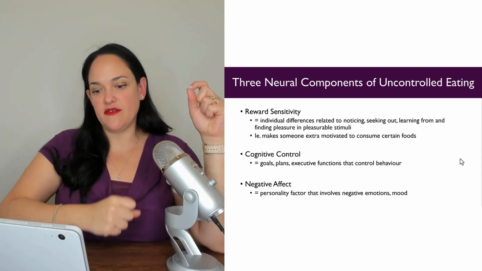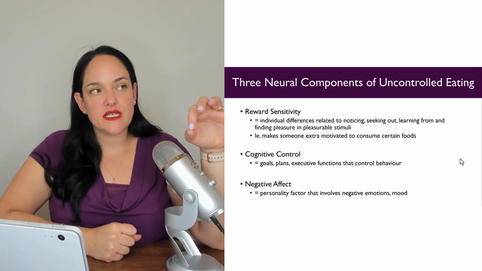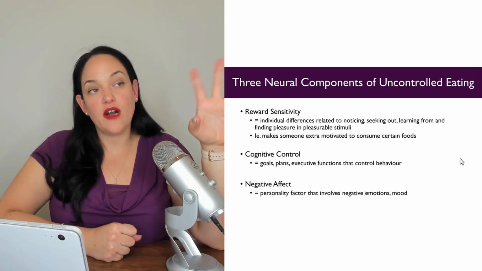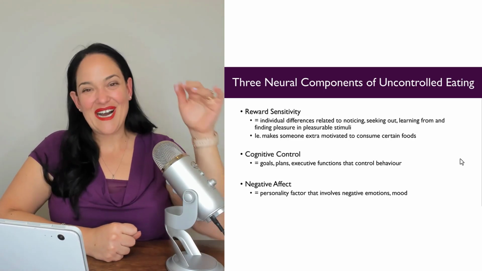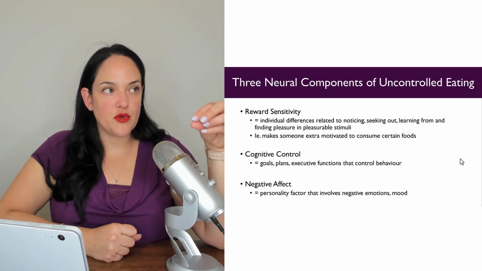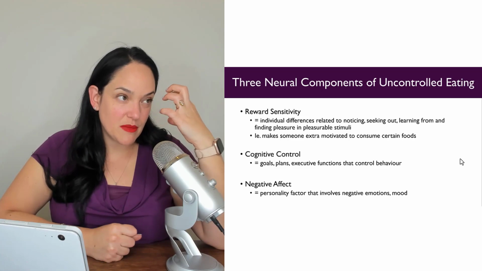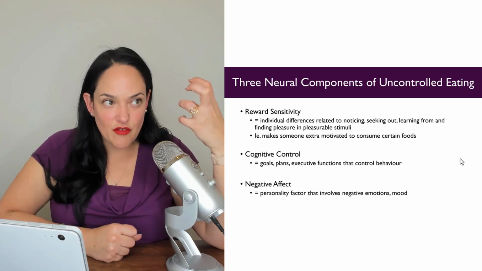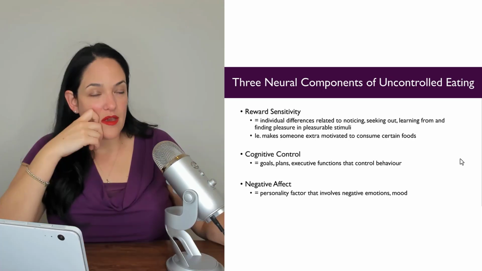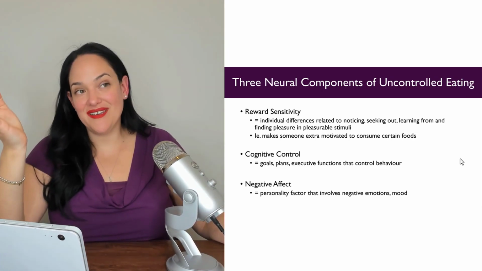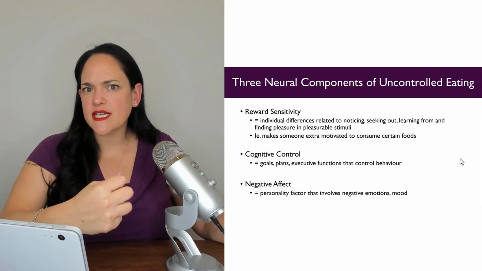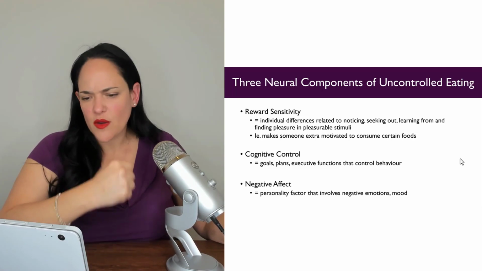Another area that's important to discuss when it comes to non-homeostatic appetite is this concept of cognitive control and how much of it we actually have. So when I talk about cognitive control, I'm mainly talking about my prefrontal cortex and my executive function, my abilities to make decisions and have goals and make plans and actually execute them. So for instance, we often see this: some people go on a diet and they really want to stick to it and it means a lot to them and they think, okay, I'm going to do it this time.